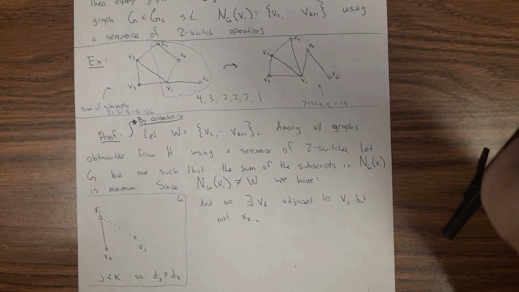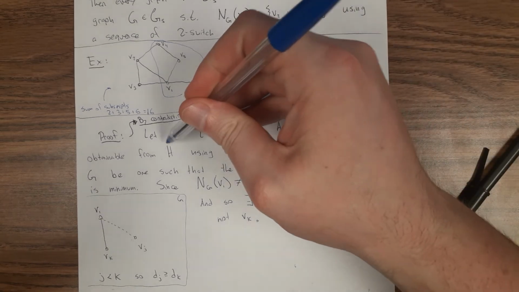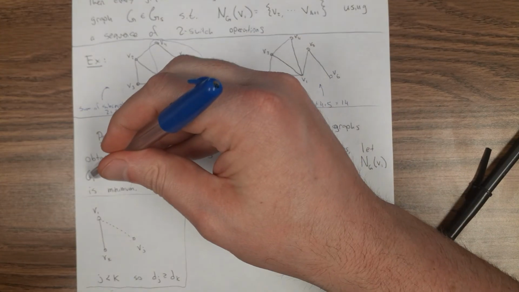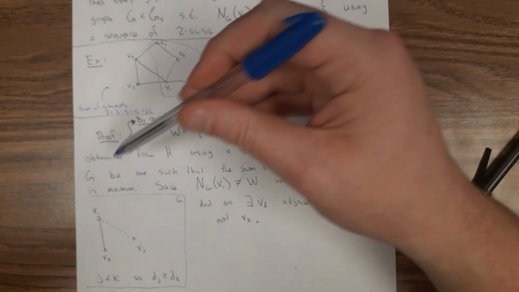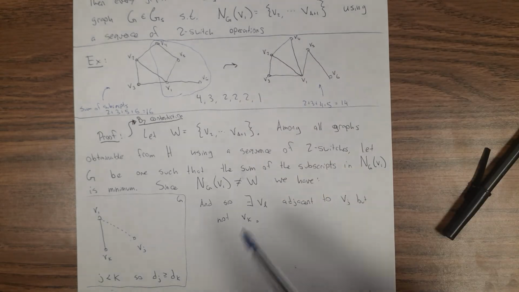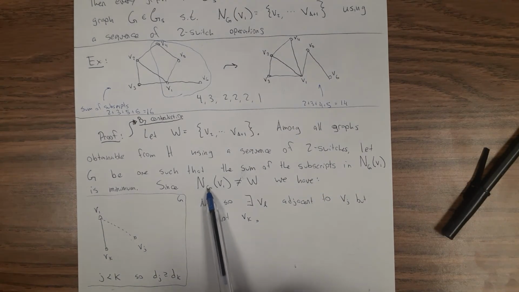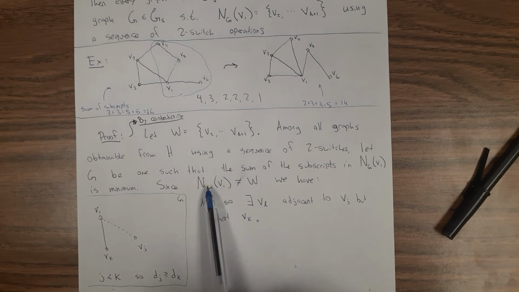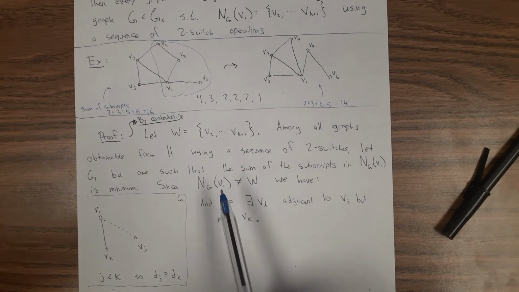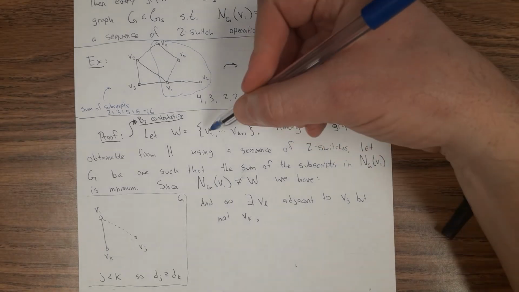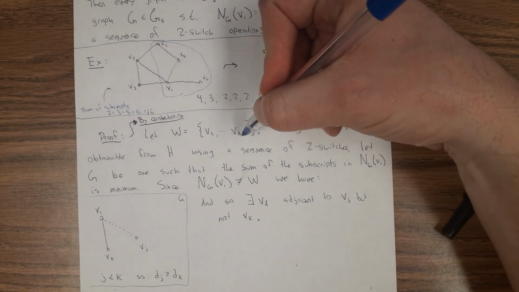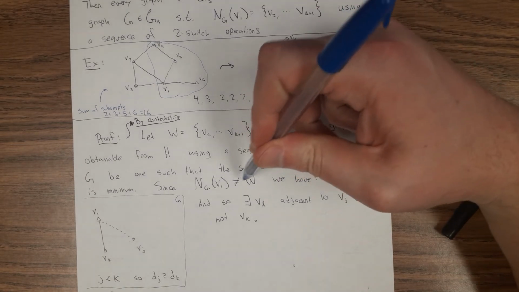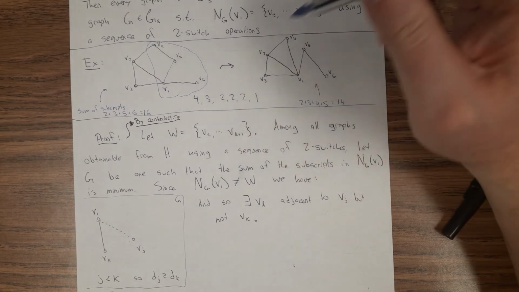So G must not have that special property. In other words, the neighborhood in G of V1 is not W. If the neighborhood of V1 were this W, then that would be the special property that we're looking for. But this is a proof by contradiction, so we assume that it's not.